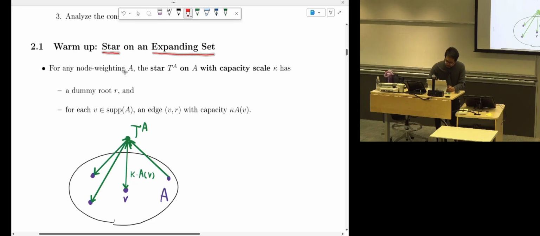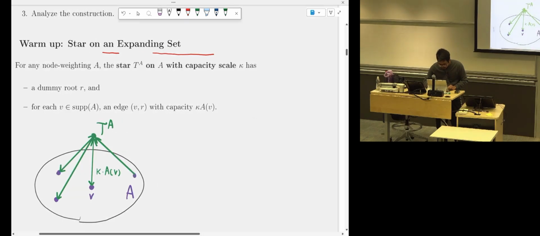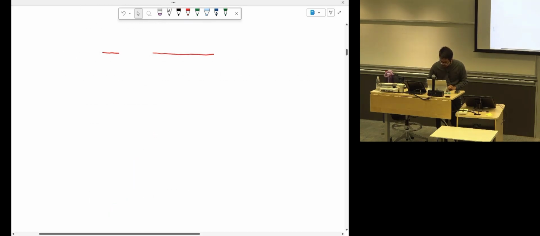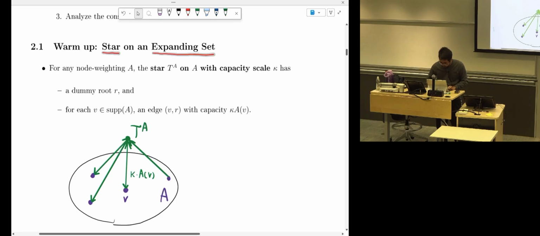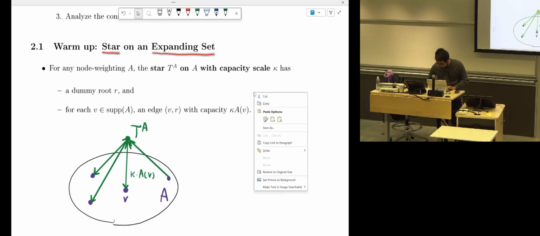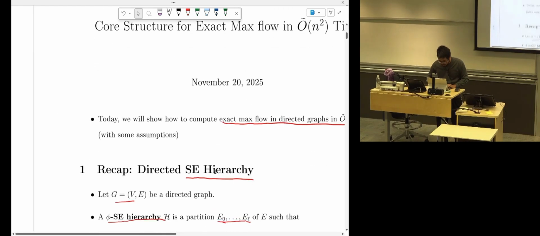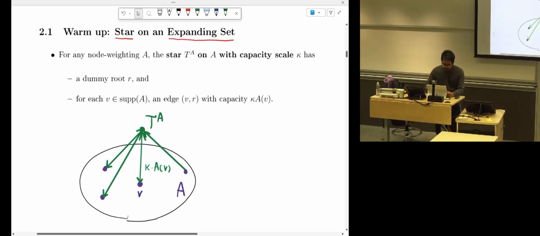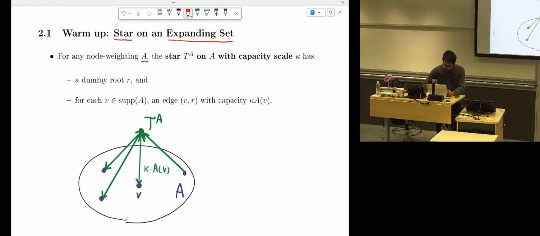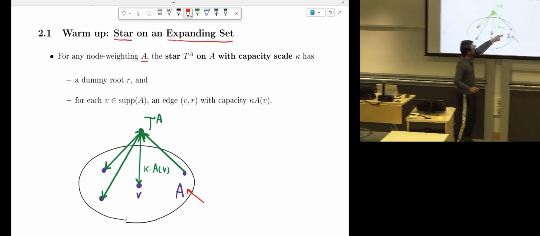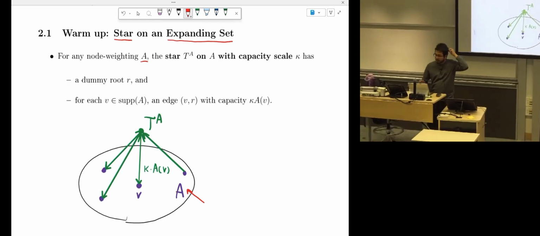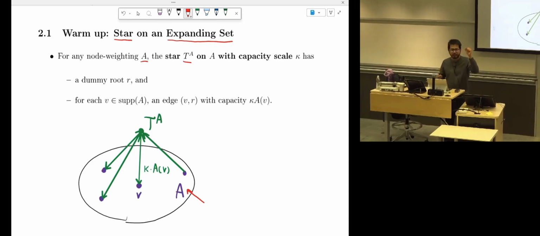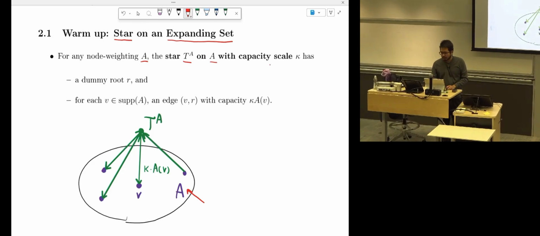Suppose that I have a node weighting A, like this point, node weighting A, and then a star T_A, a star on A with capacity scale kappa, is like this.